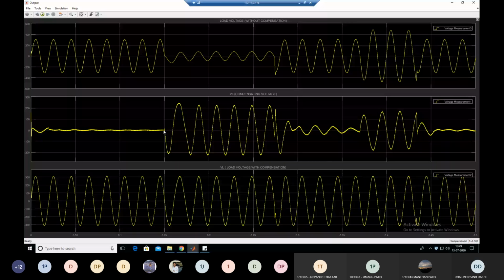Now you can observe this load voltage waveform between 0.15 second to 0.27 second here. The voltage is reduced. Why? Because through this breaker 1 we have created the voltage sag.